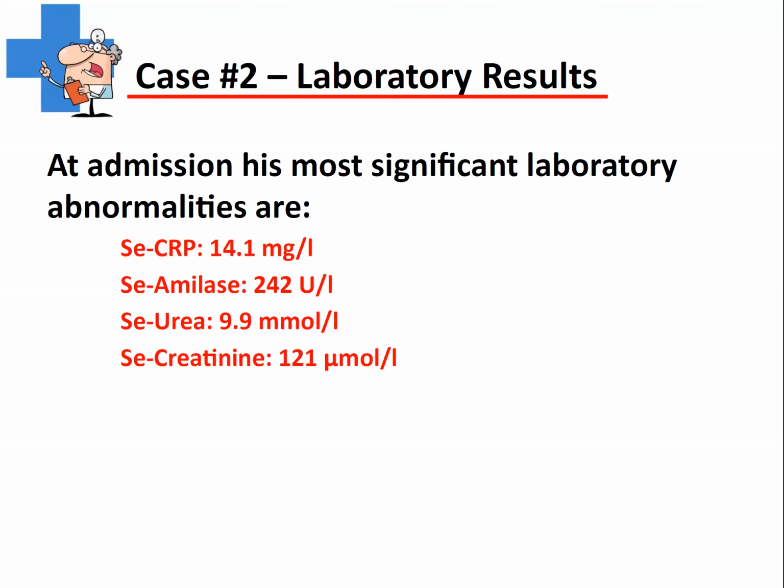The kidney normally has about 20% of blood flow, and this can almost be shut down completely. And if there is less blood to the kidney, the patient relatively has an accumulation of urea and creatinine.